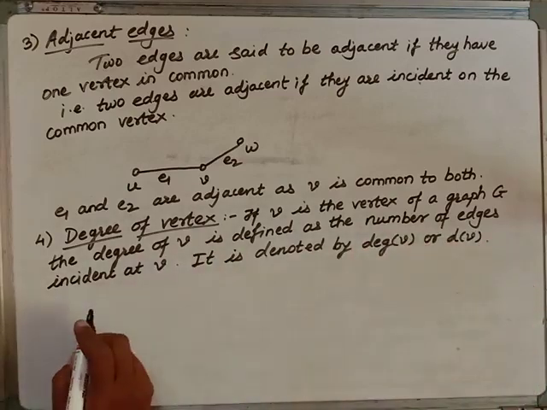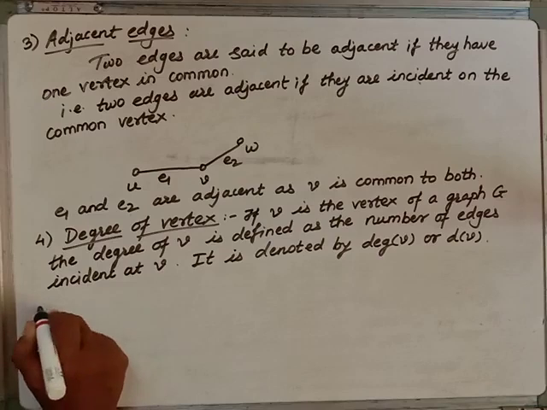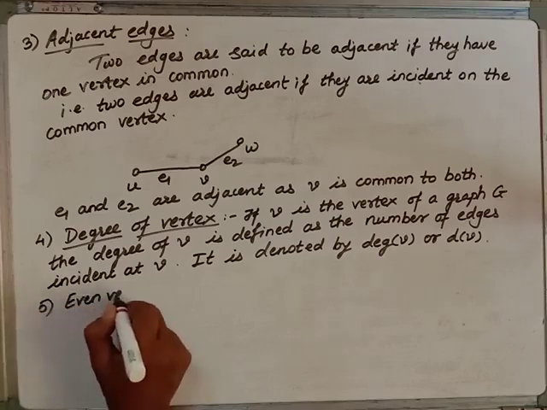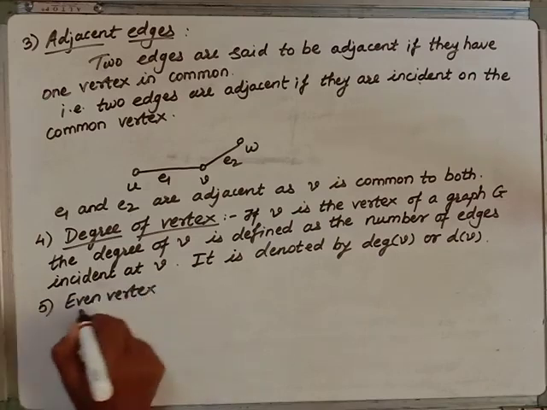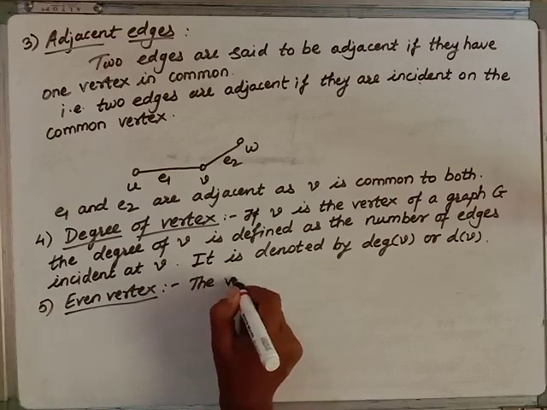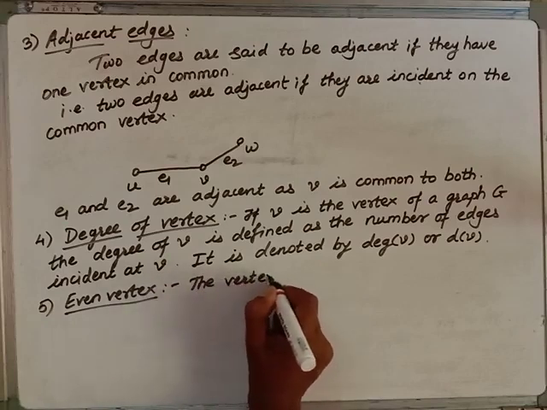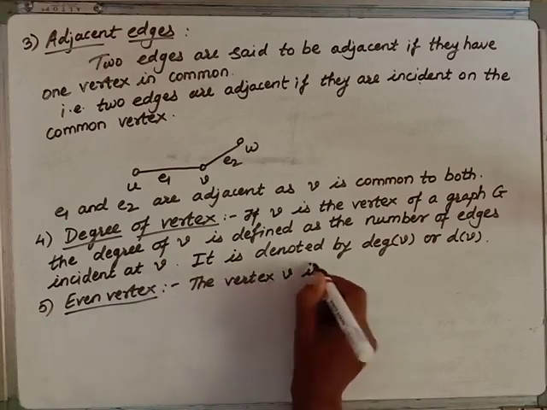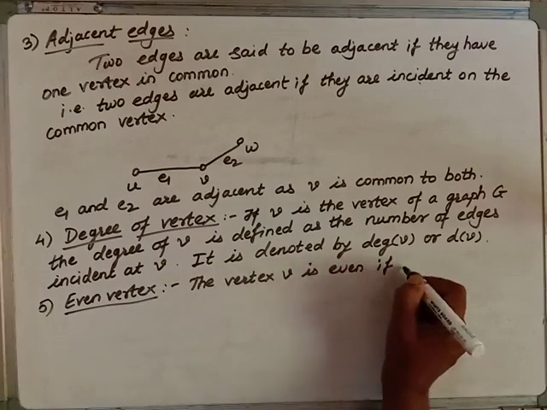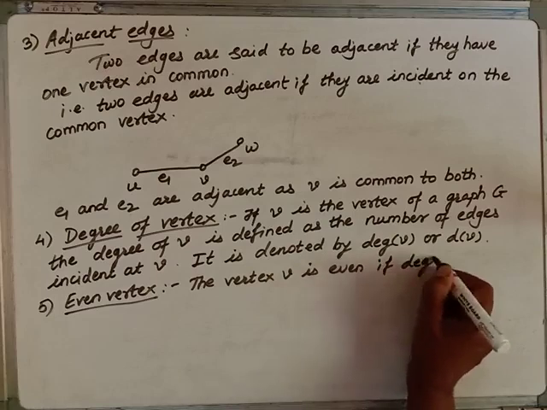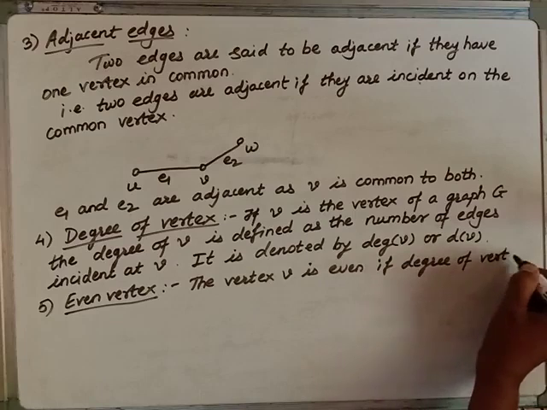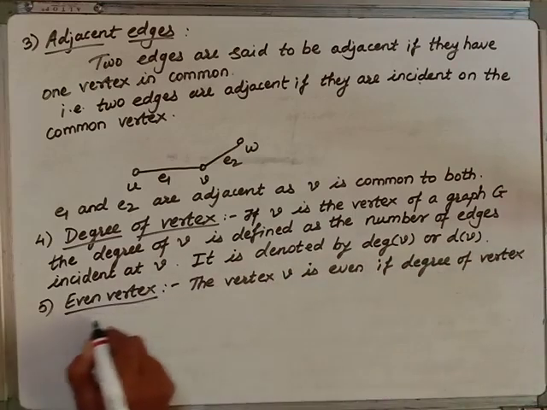Now, the next definition is of even vertex. The vertex V is even if degree of vertex is even.